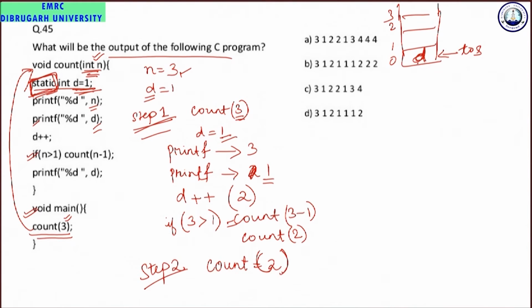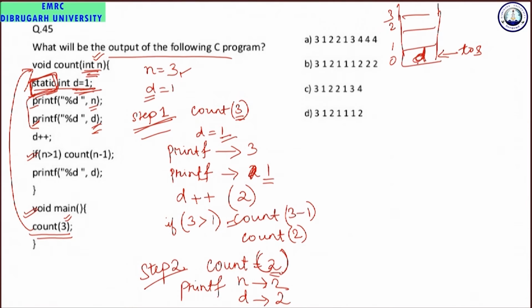So, for printf we are talking about these two. Okay, it will be applicable for both printf. So, first it is n. So, what is your n? It is 2. So, your n is 2 in the output, and here your d is also 2.